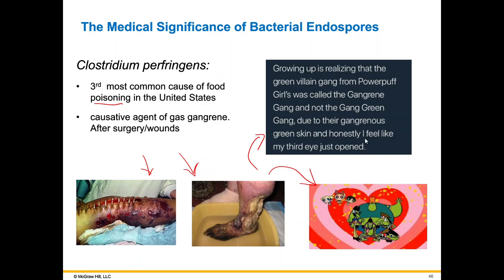Honestly, I feel like my third eye just opened, because when I was a kid, I did misspeak whenever I was referring to them. I called them the Gangrene Game instead of the Gangrene Gang.